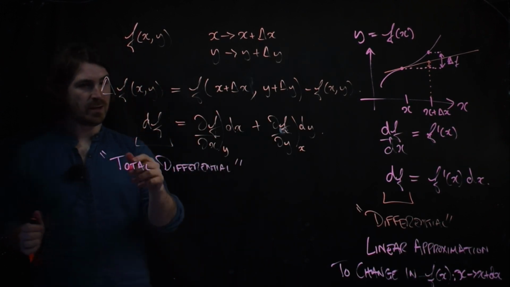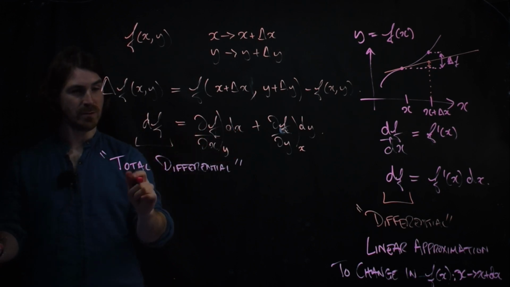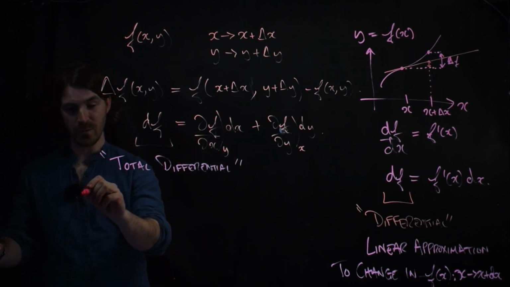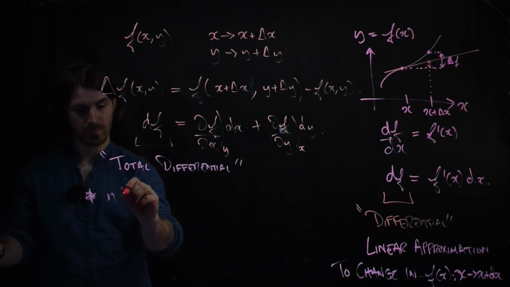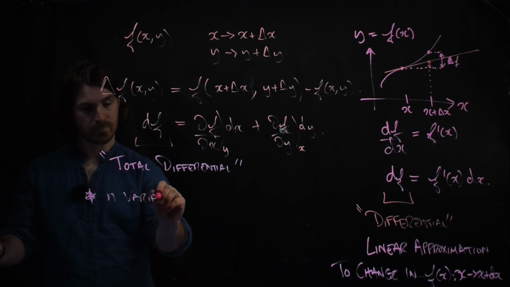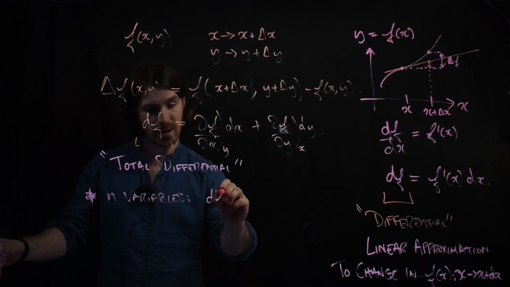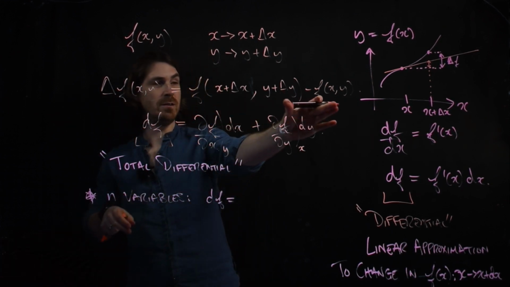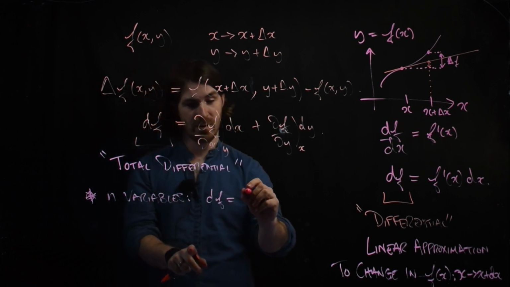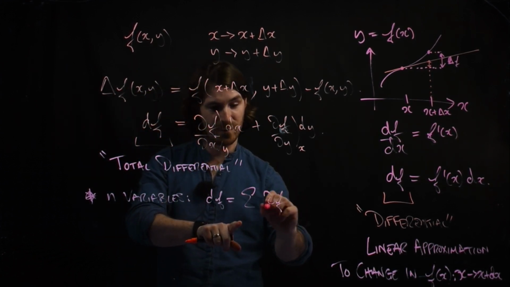And we can generalize to a function of more than two variables. So in general, if we have n variables, then our df, the linear change in our function as we change all the variables, will just be a sum of df by dxi dxi.